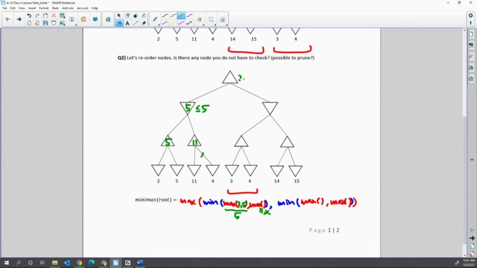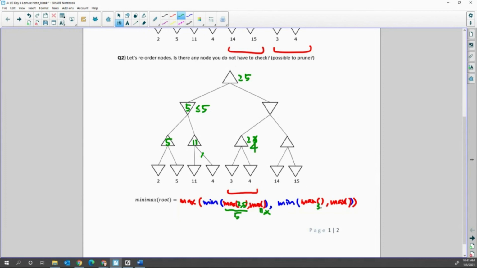So the max node will be guaranteed as greater than or equal to 5. Then when you look at the second subtree, it's a little bit different. First, in the max node, because you have to find the max, the first time it is guaranteed greater than or equal to 3, then next time greater than or equal to 4.